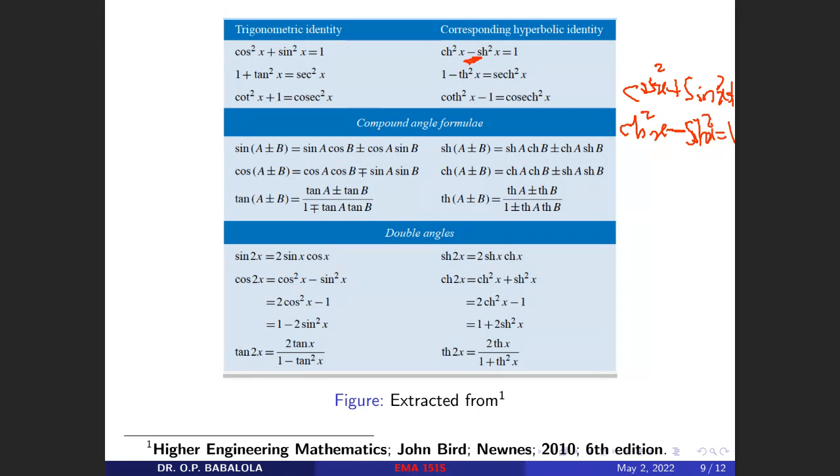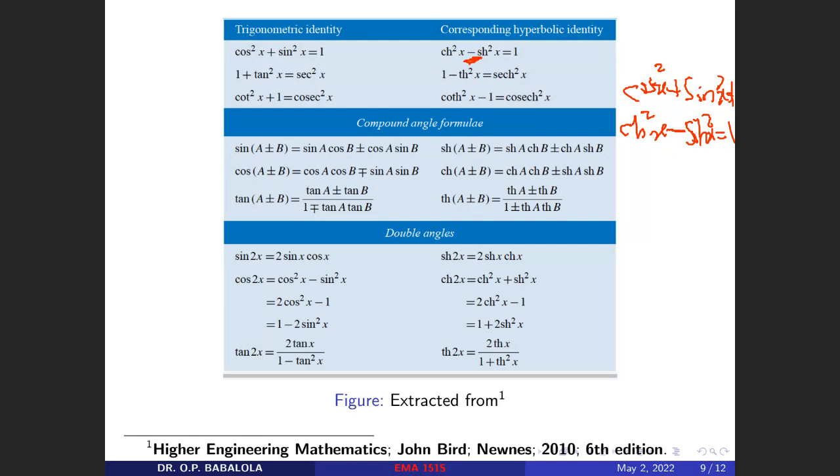Okay, and also for the second one, the second trigonometric identity, the sign changes with tan and cot, you have the sign changes to 1, and all of this applies for all your corresponding trigonometric identities. Okay, please take note of that.